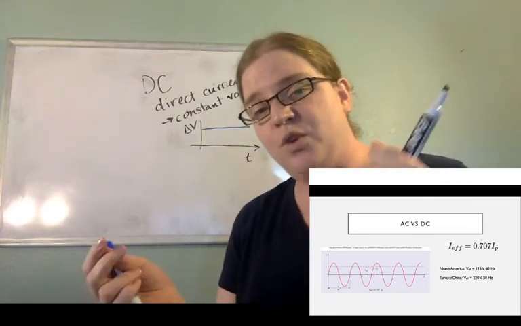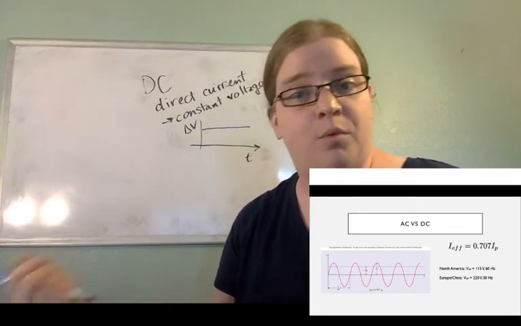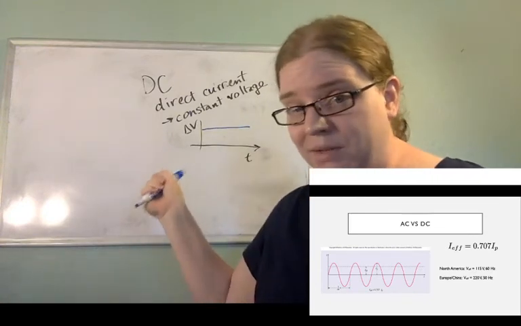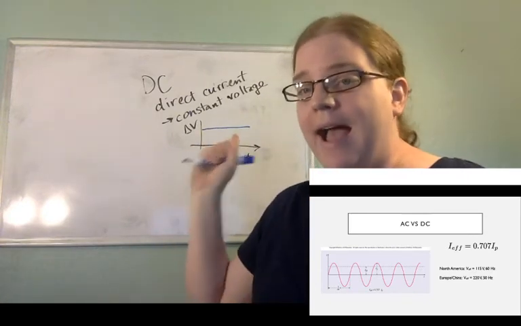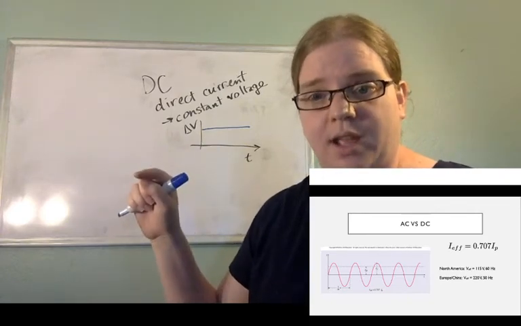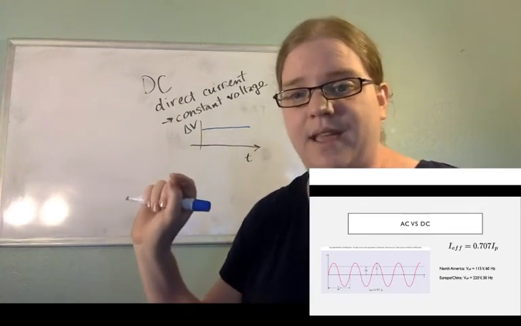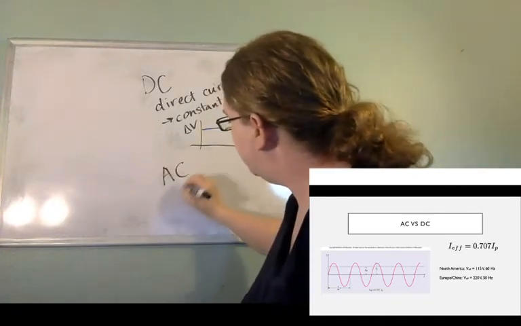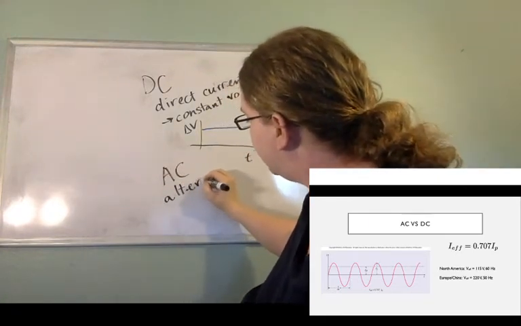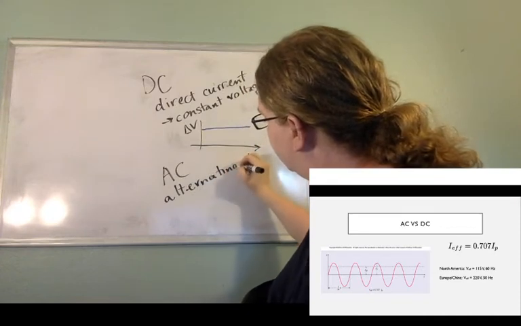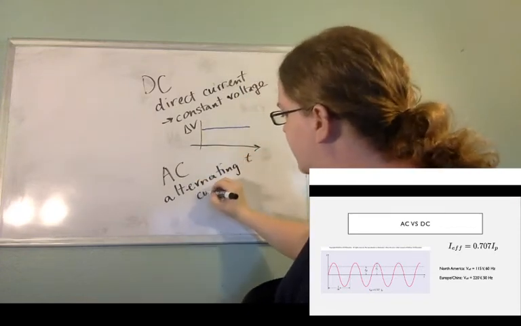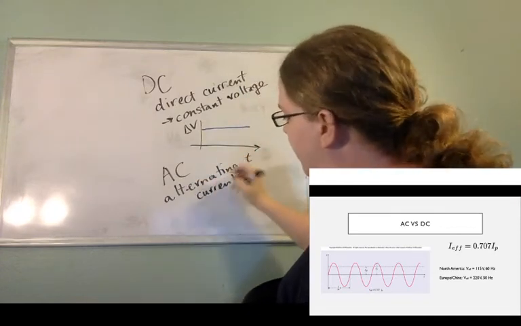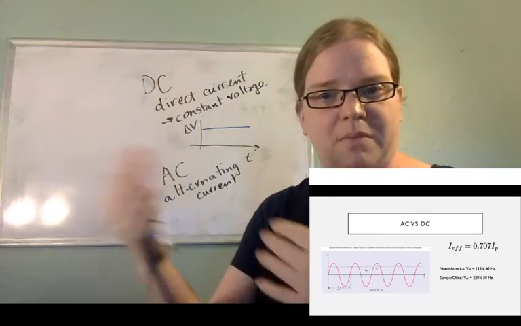Now, if you plug something into an outlet of a wall, that's not what you get. Outlets in household circuits and in buildings and everything is AC. And AC means alternating current. And alternating means switching back and forth, right?